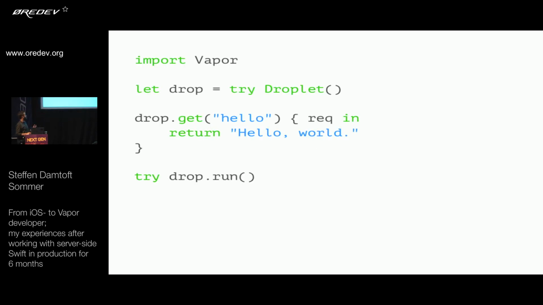Just to give you an idea for those who might not have tried Vapor at all, this is a very simple snippet. It's taken from the Vapor front page. It shows you how to set up a web server and serve one endpoint in not a lot of lines of code.